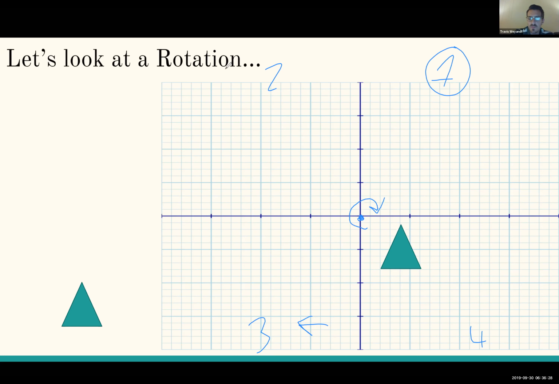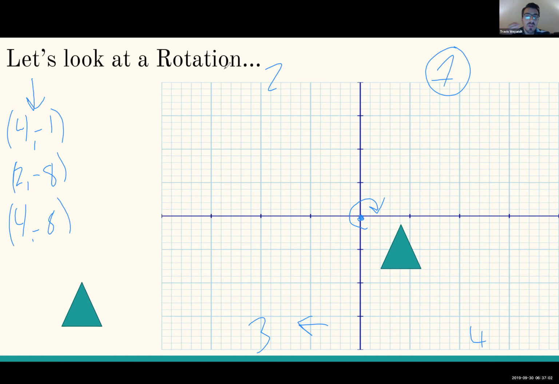I think they were 4, -1, then 2, -8, and I think it was 4, -8. So again, those are the coordinates of the triangle that will help us rotate it successfully where it needs to go.